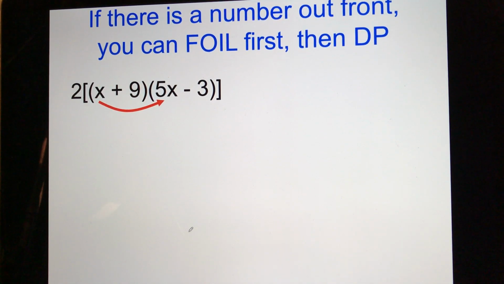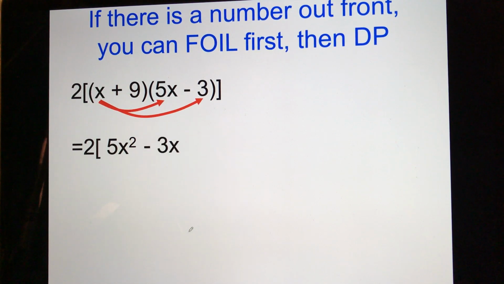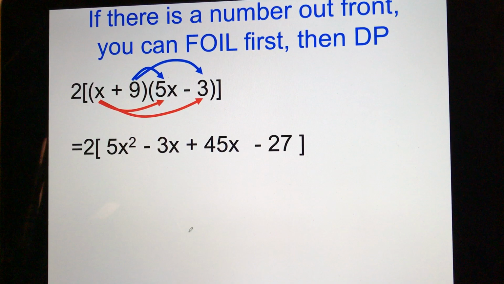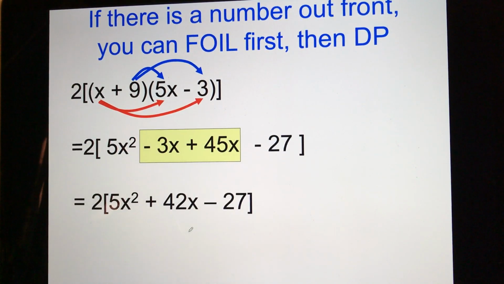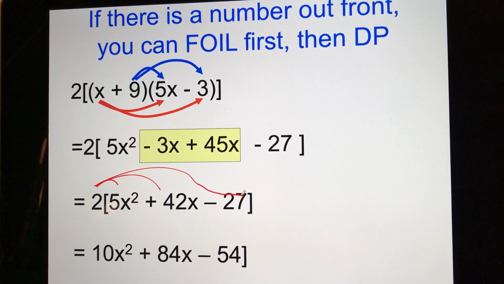I'll go x times 5x, 5x squared, negative 3 times x, 45x, minus 27. Add my inner terms together, and then I'll multiply by the 2. So then I'll go 2 times 5, 2 times 42, and 2 times 27, and that will give me my final answer.